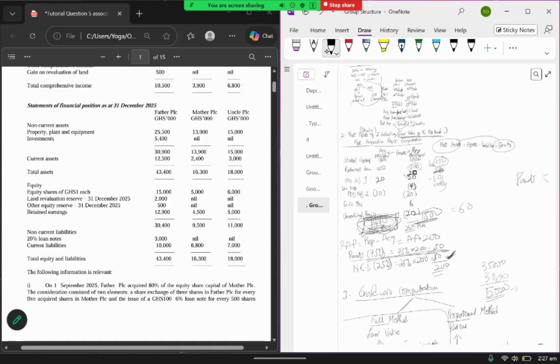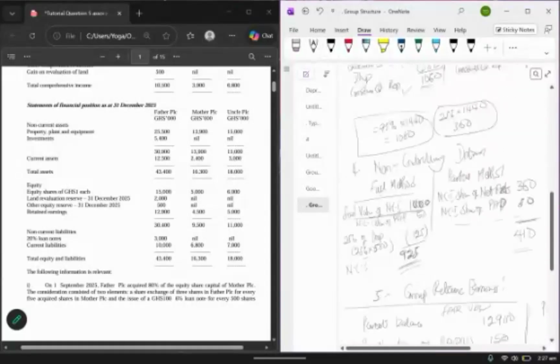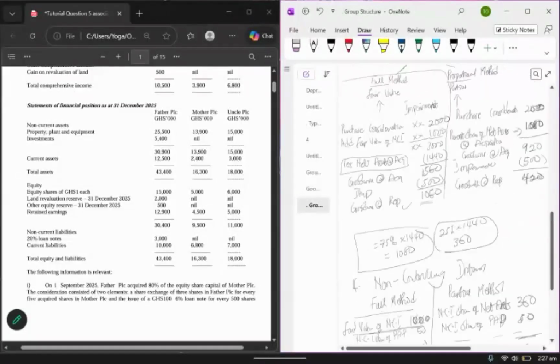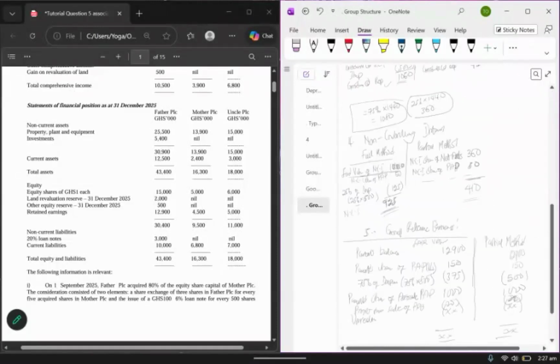We're charging on 120 instead of just 100. Let's say the useful life is 5 years. You spread the 20 over 5, you get 4. So you add the 4 back to the subsidiary's profits or retained earnings. Basically, this is how you're supposed to go by it.